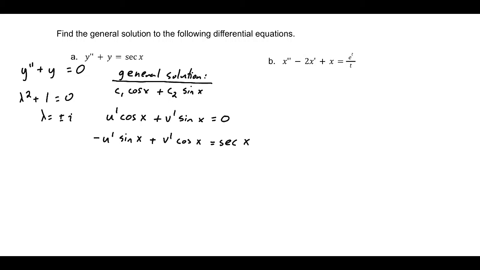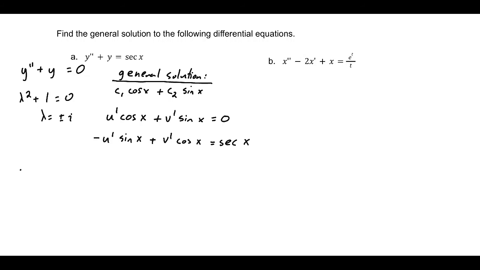Now we can solve this any number of ways, but I'm going to go ahead and use Cramer's rule, which tells us that we consider certain columns of this as a matrix, certain variable sets. Go back and review Cramer's rule if you need to, but I'll go ahead and write what this would be.